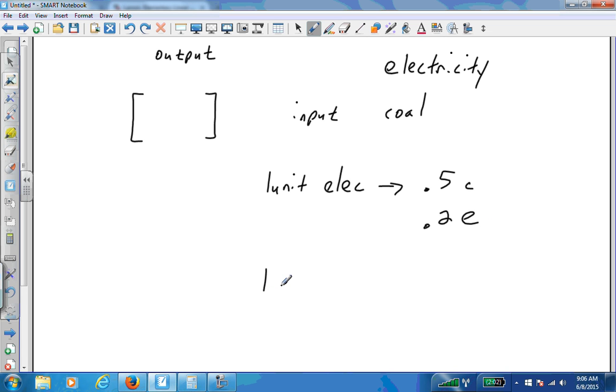And let's say to produce 1 unit of coal, it's going to take, let's see how I set this up earlier.